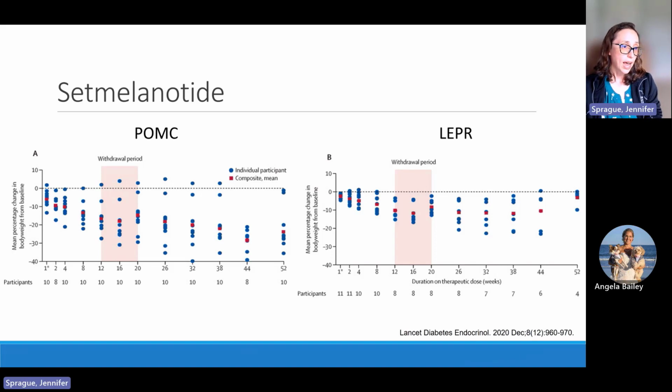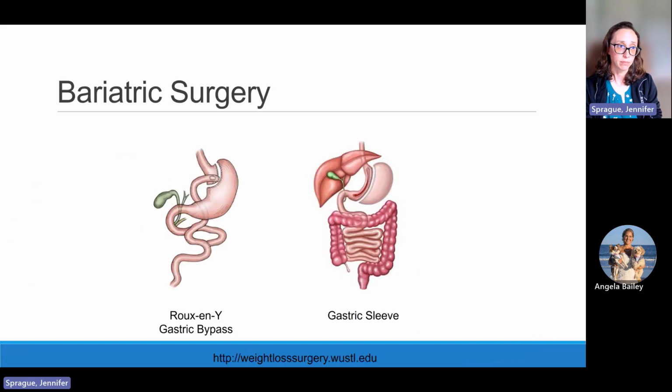You can see at 52 weeks, we're at about 20+% weight loss in the POMC, almost 30% in the leptin receptor, more than 10% weight loss at this range. They did discontinue here. During this withdrawal period, there was some weight regain. So this is FDA approved, but it's for rare genetic forms of obesity.